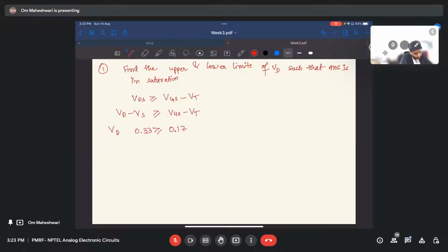So if we put this, VD should be greater than or equal to 0.5 volts. Let me call it VD minimum. So this VD should be minimum 0.5 volts to keep this transistor in saturation.